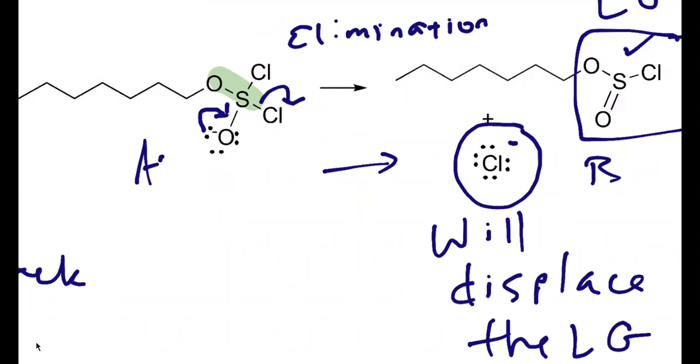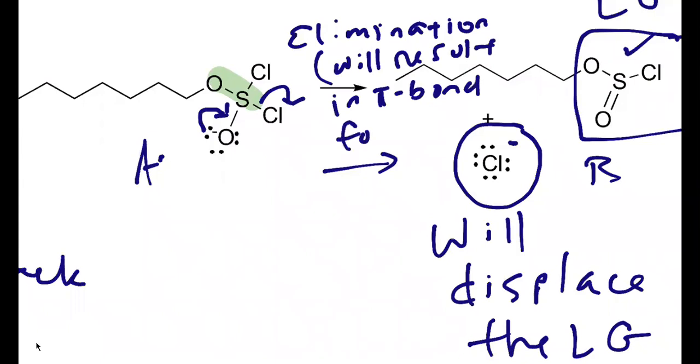When you do an elimination, it always results in the formation of a multiple bond, like a pi bond, or a double bond, or a triple bond. In this case, you got a double bond. I'll write it right here. So anytime you're doing elimination, you're going to end up with a pi bond in the product.